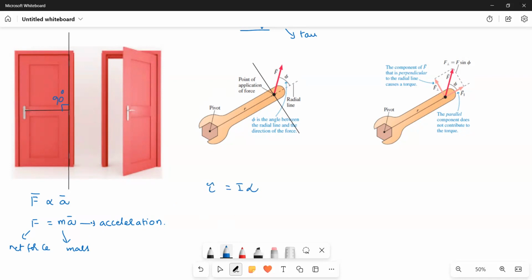Similar to force F equals ma, torque equals I alpha. This is torque, and this I is the rotational inertia, also called moment of inertia.